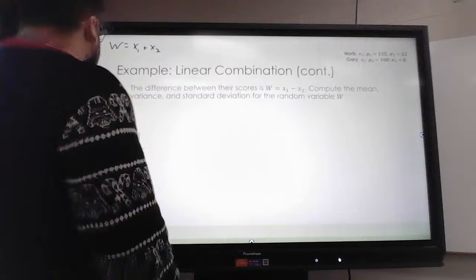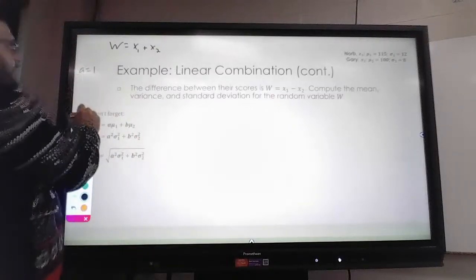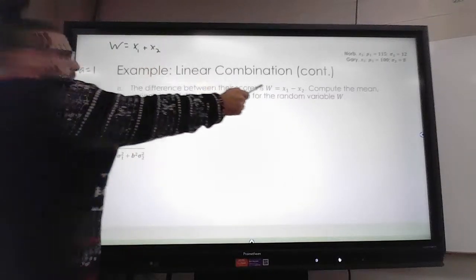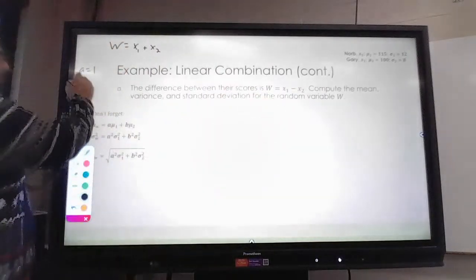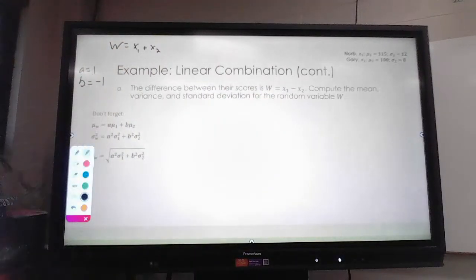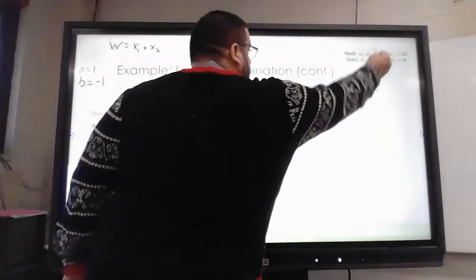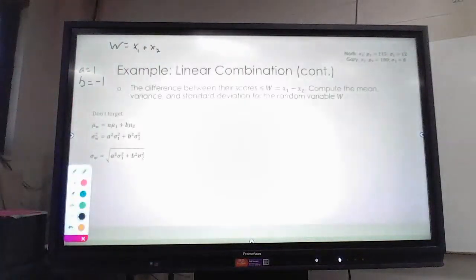We can make a good assumption that our value of a is 1. And in order to have X1 plus bX2 be equal to X1 minus X2, my b has to be negative 1. So the very first step is you want to make sure you find out what your a and b are. Once you find out what your a and b are, it's going to help you with the rest of the formula because we're already given the expected value and standard deviation of both these guys.